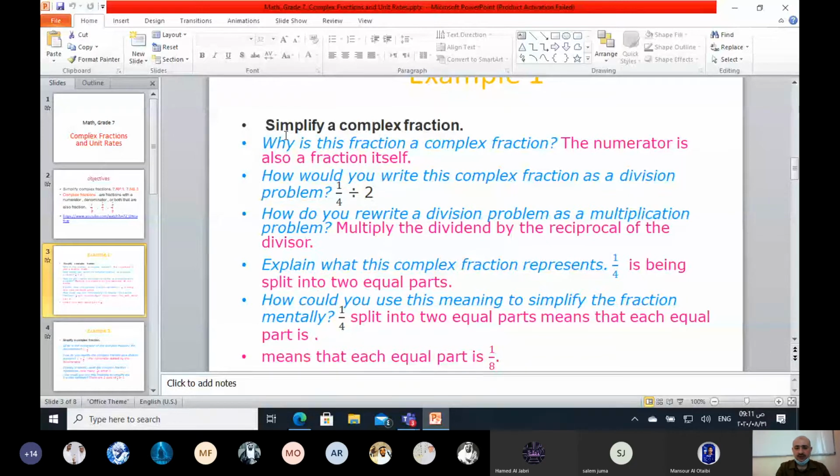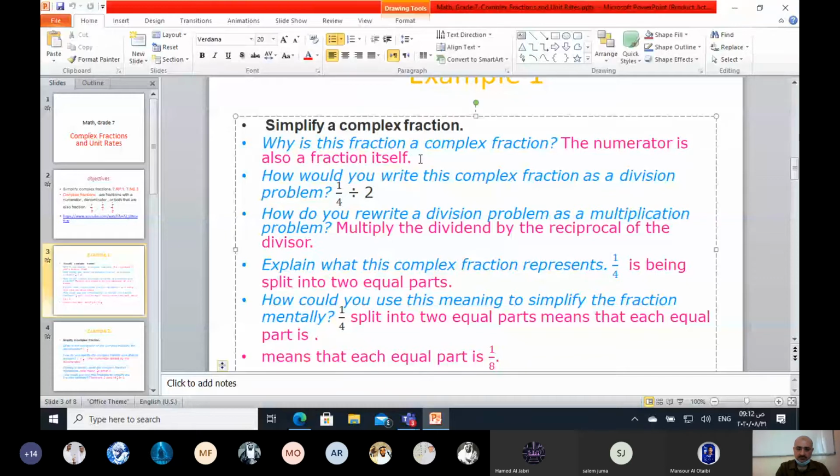Here, the question: simplify a complex fraction. Why is this fraction a complex fraction? Because the numerator is also a fraction itself. As you see here, in the numerator we have a fraction, and in the denominator we have what? We have a whole number, like this.